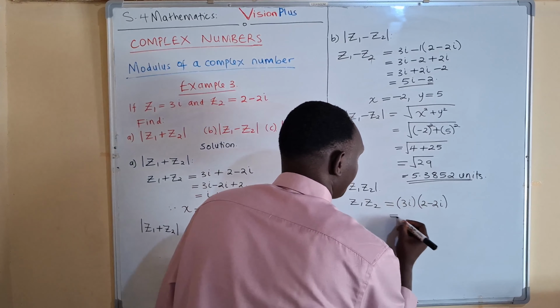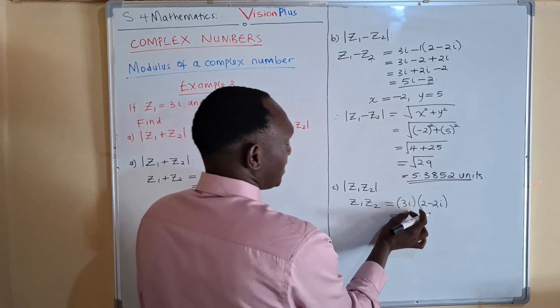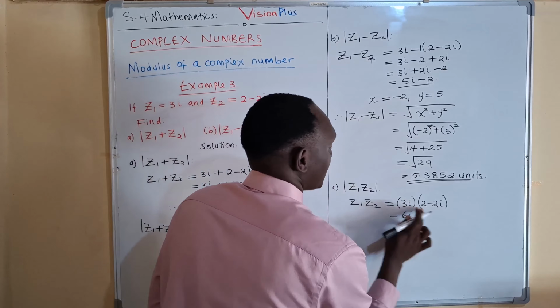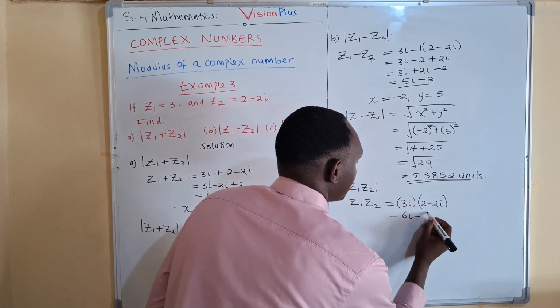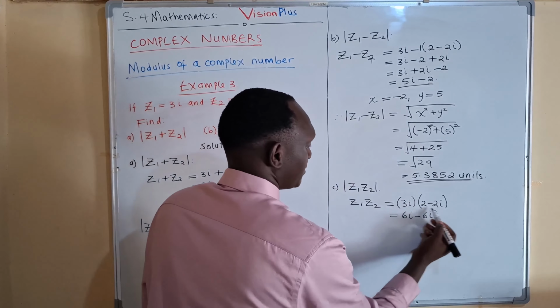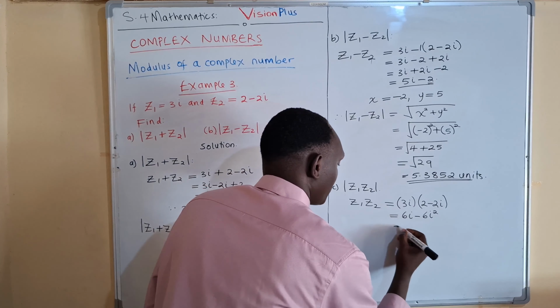And then you multiply. z1 has only one term. So we shall just say 3i times 2, it gives us here 6i. 3i times negative 2i gives us a negative 6i squared. Remember, 3 times negative 2 is negative 6. i times i is i squared. Now from here, we go on and simplify.